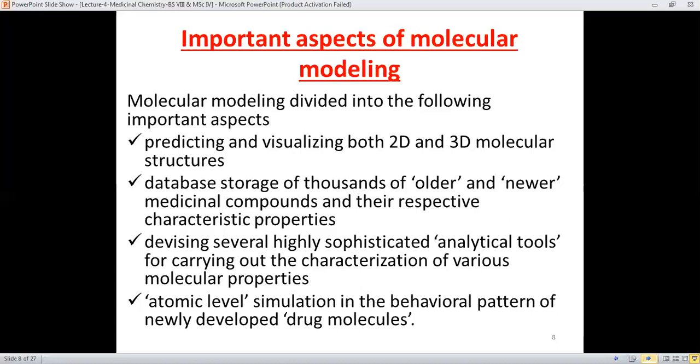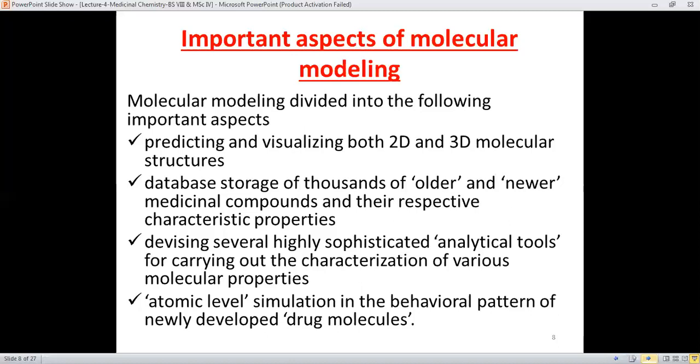You may understand it as a tabulation form on the computer system. If you enter the name of one drug, like coamoxiclav, then it will show its 2D structure, 3D structure, and related compounds, and it will also show its characteristic properties, how it will absorb, its water solubility, and how it will show its action as well.